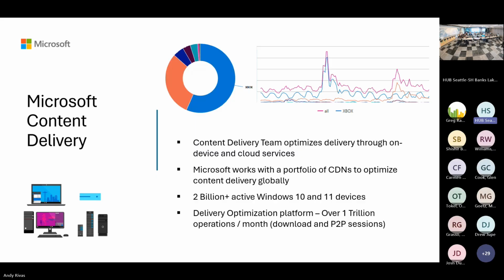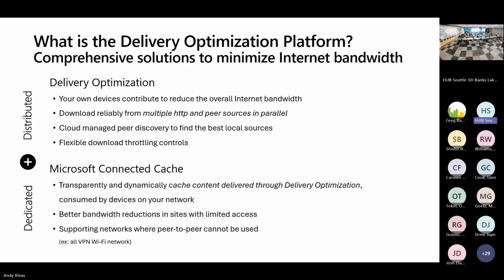For those of us who maybe are not familiar with Connected Cache, we actually have two different versions. When we think about the delivery optimization platform that I manage, I mentioned delivery optimization as the client and the service, and then Microsoft Connected Cache.